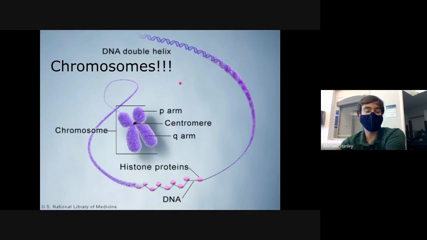So this DNA that's hanging out in our nucleus, you don't just have one big, long DNA strand floating around in there. Instead, the DNA gets packaged up into these bundles called chromosomes.